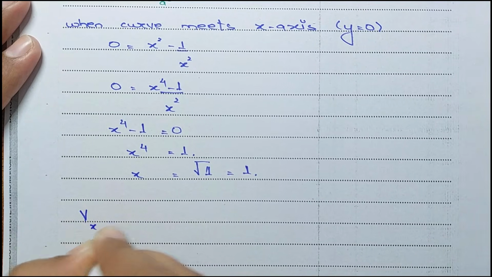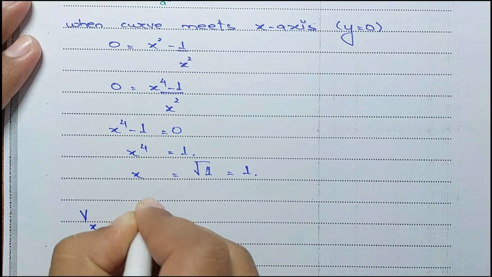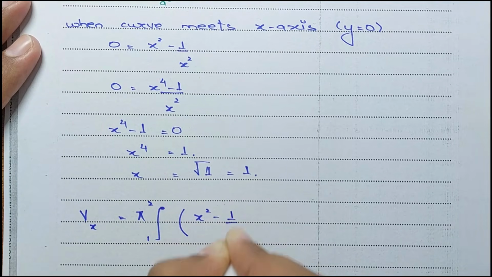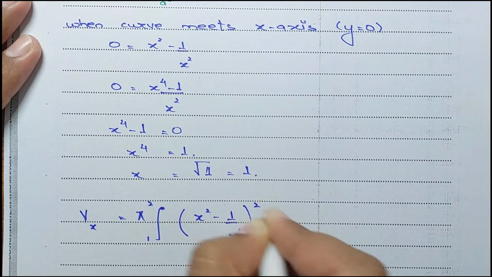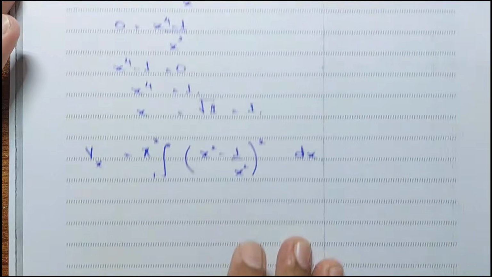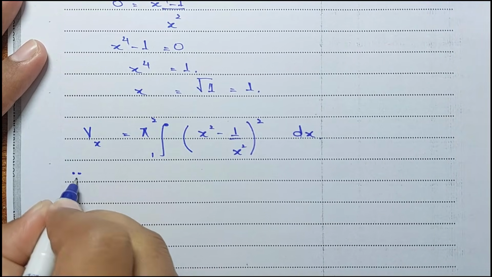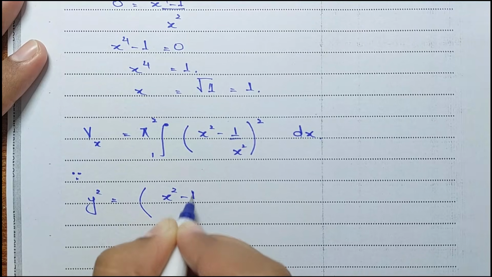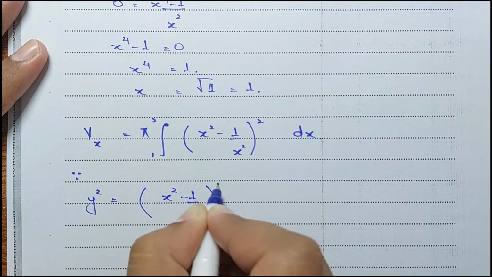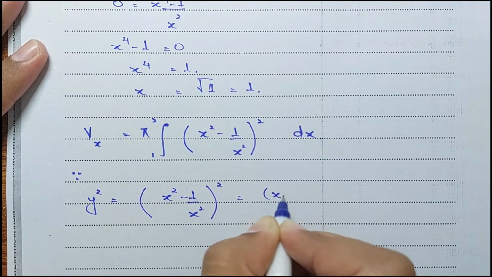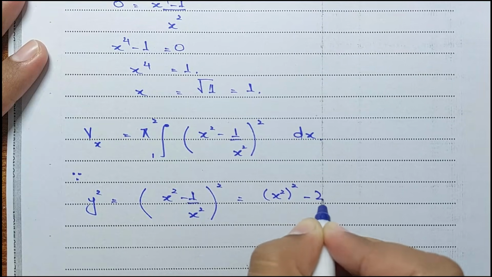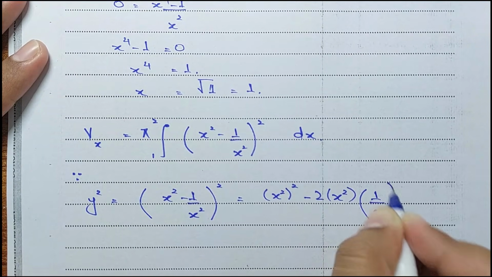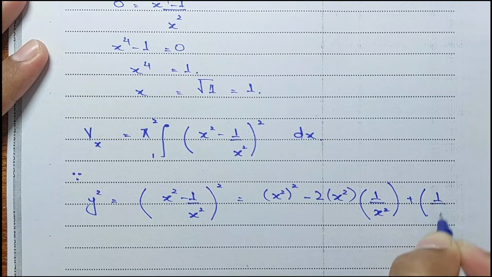So Vx is integration from 1 to 2, pi is outside, the function is x squared minus 1 over x squared, its whole square dx. Now what is y squared? Y squared is basically x squared minus 1 over x squared, whole square. It means the first term square minus 2 into the first term into the second term plus the second term square.